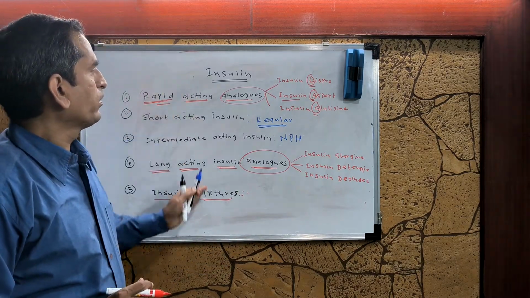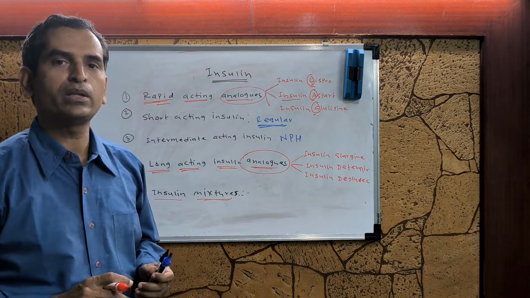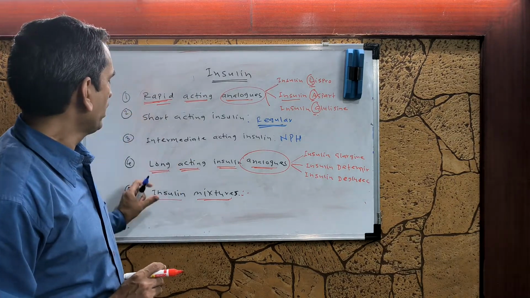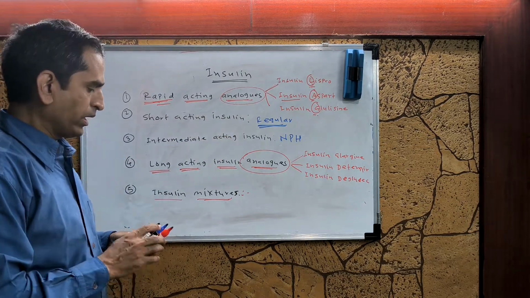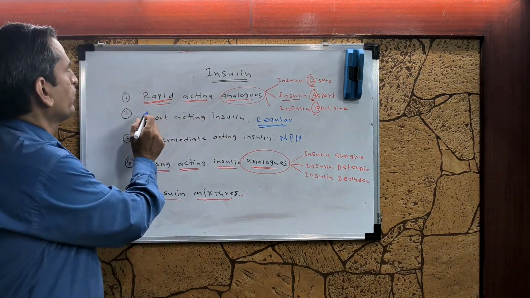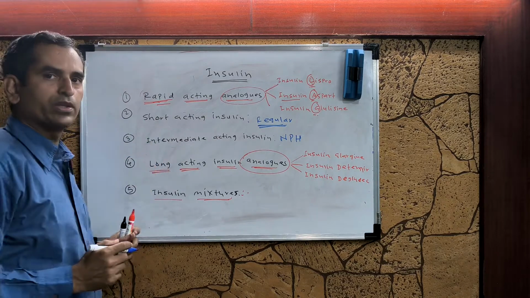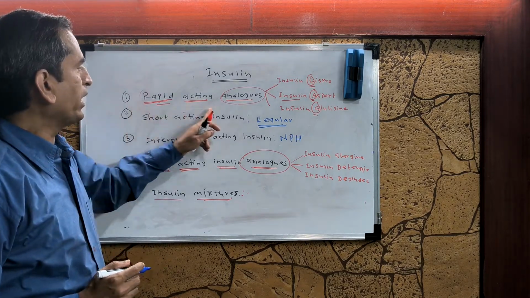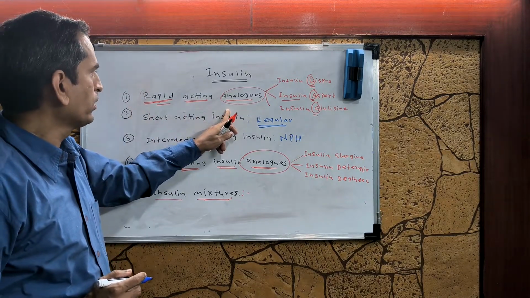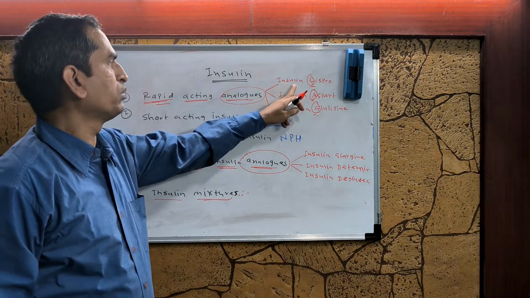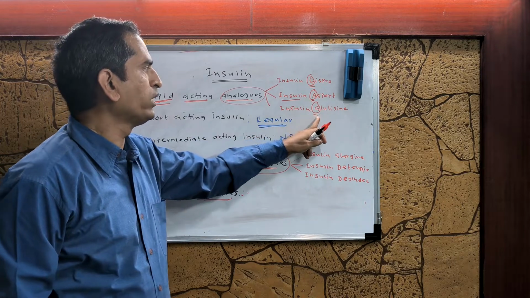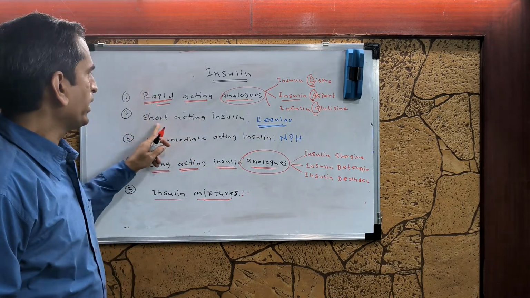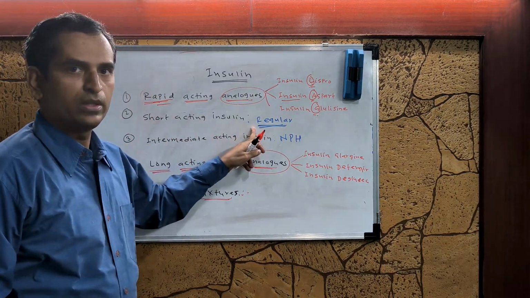So this is the classification of insulin based on their duration of action, and this is based on the analogs of the insulin. Again, I will just revise this. There are 5 different categories of preparations of insulin. Rapid acting insulin analogs: examples include insulin lispro, insulin aspart, insulin glulisine. Short acting insulin: example is regular insulin.